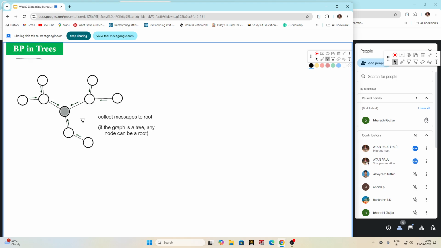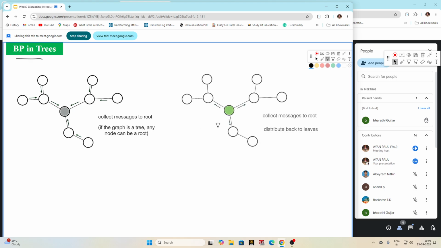Whenever you assume a node as your root node, the first step is receiving the information at the root node, and the second step is sending the information from the root node. So the first step is to collect the messages to the root node. Here this node is considered as the root node. If the graph is a tree, any node can be considered the root.